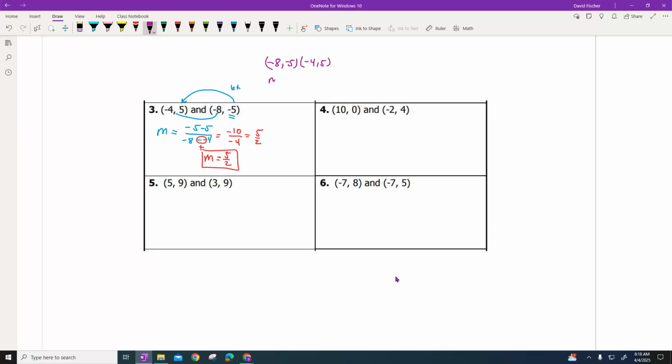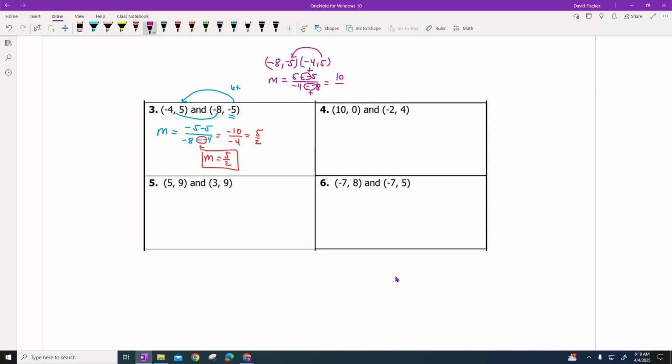But watch this. If I do the same slope formula, I have 5 minus 5, because there's a minus there and there's a minus in the formula, over -4 minus 8. That becomes a plus, so 5 plus 5 is 10. That becomes a plus. -4 plus 8 is a -4.